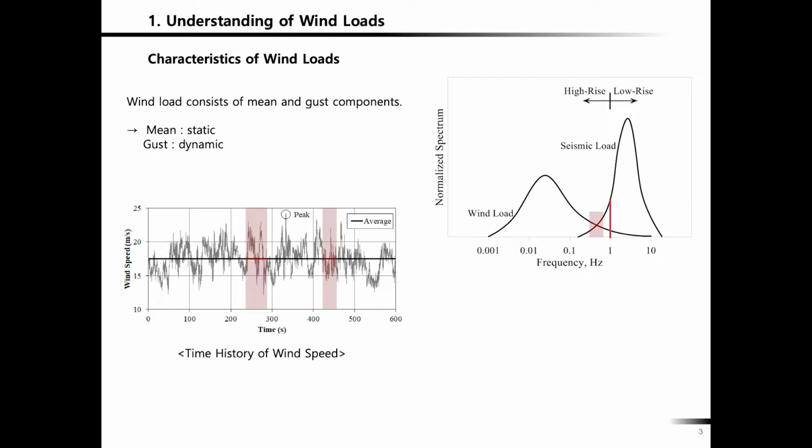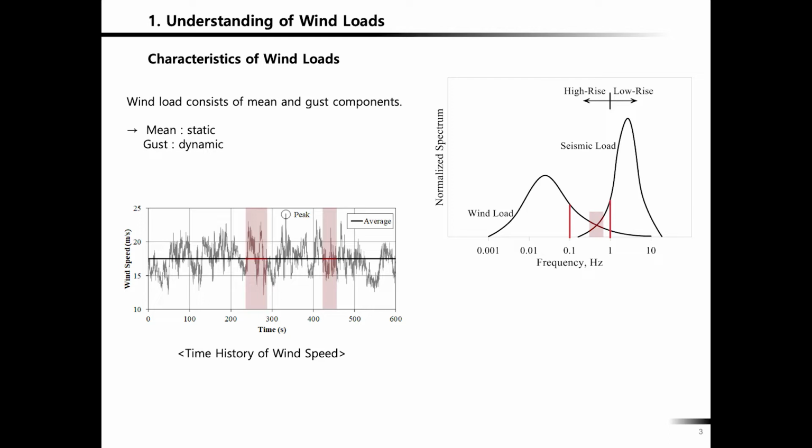For a 100-story building, depending on the stiffness and mass combinations, its natural frequency is closer to 0.1 hertz. So the energy content of the wind load is significant compared with the energy content at a frequency of 1 hertz.